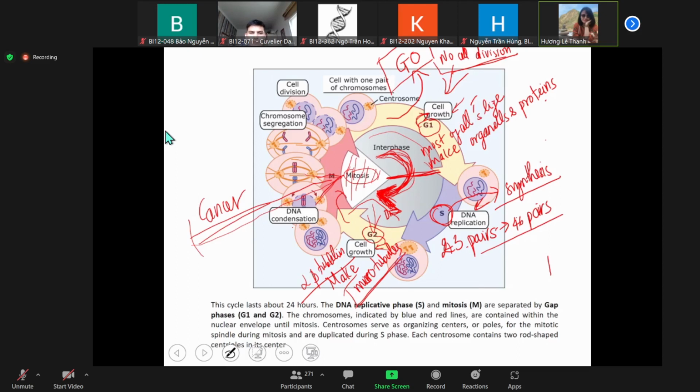The stem cells of the neurons are in the G0 state, and we have another cell that we call the differentiated neuron cell. That is the cell working in your brain now.